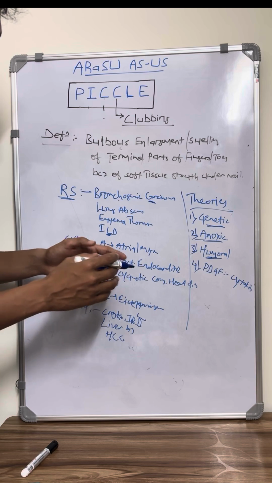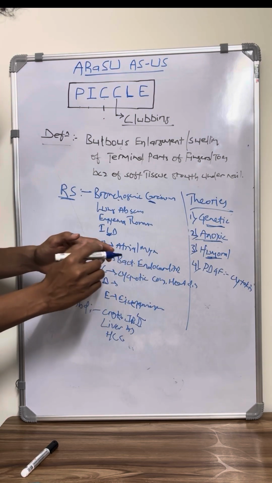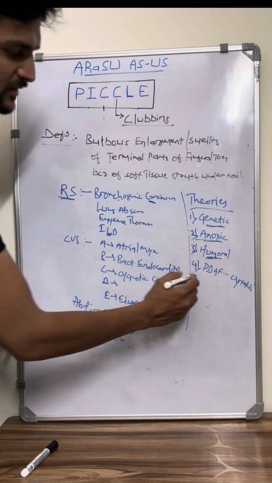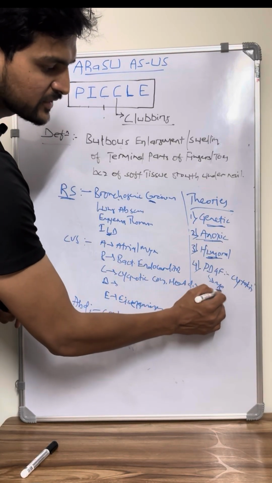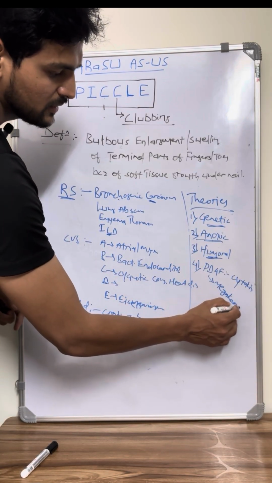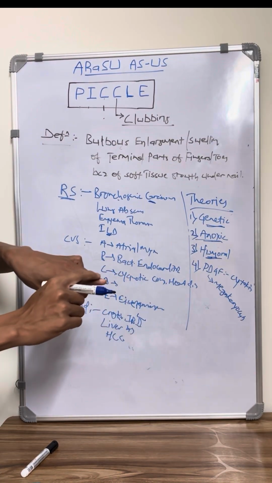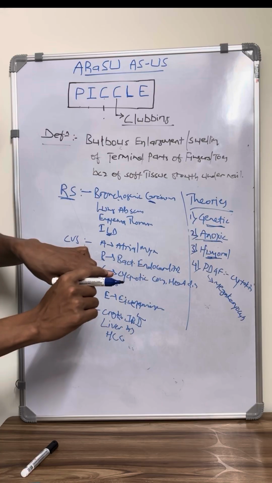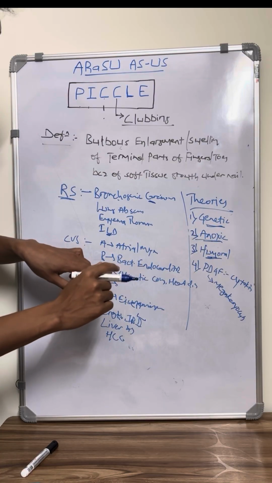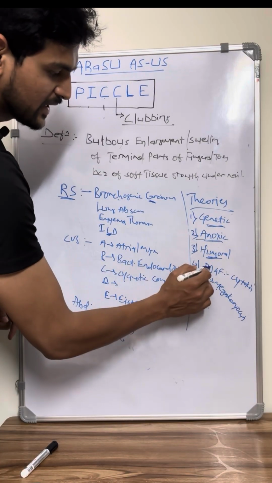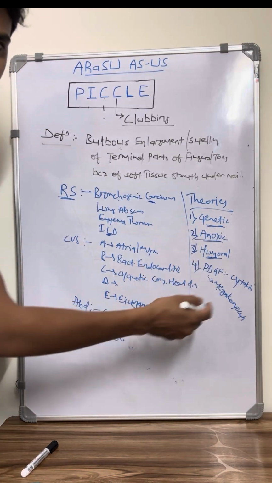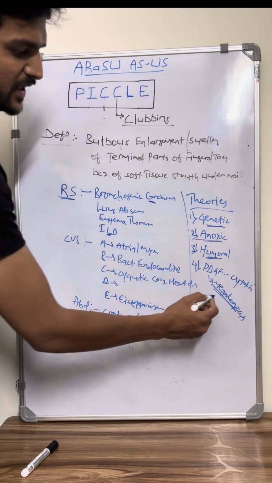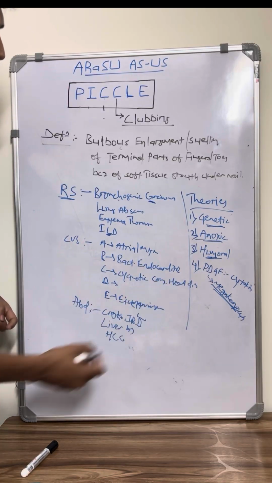These will lead to excessive permeability of the capillaries at the nails, causing leakage of megakaryocytes, and those megakaryocytes and bunches of platelets will be stuck there. They will release platelet derived growth factor, which will lead to proliferation of the soft tissue there. This is considered one of the most accepted theories.